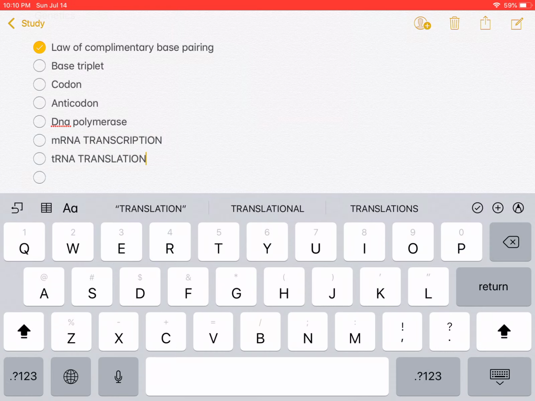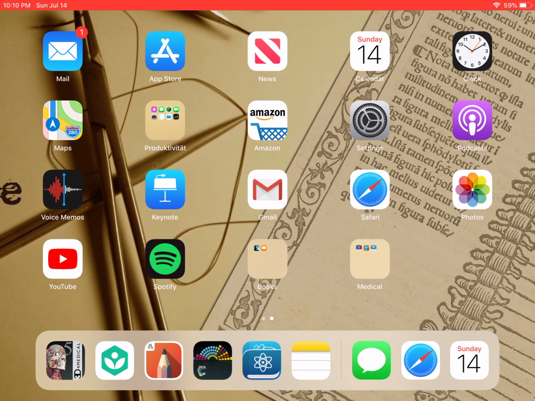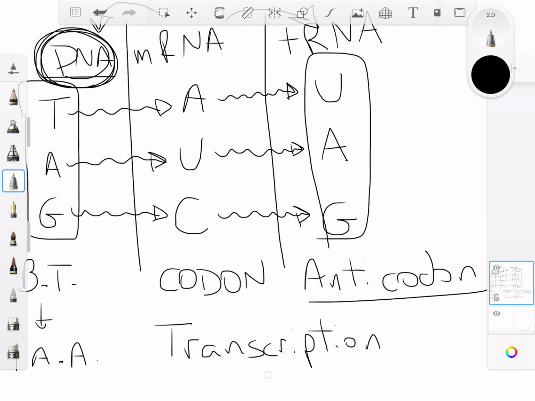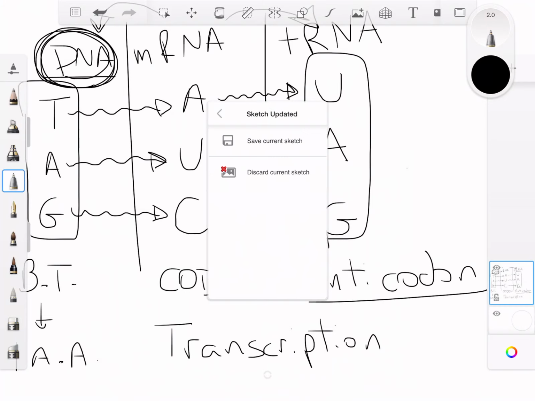Now we saw in theory what that is, and now we're going to try to actually draw it.